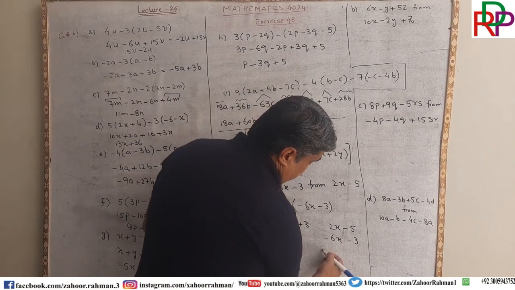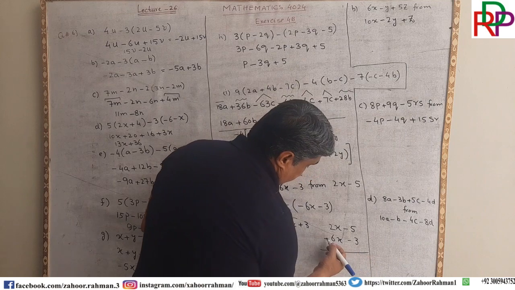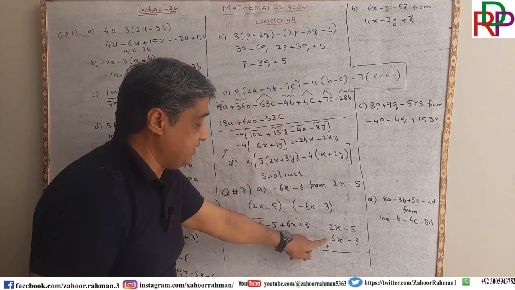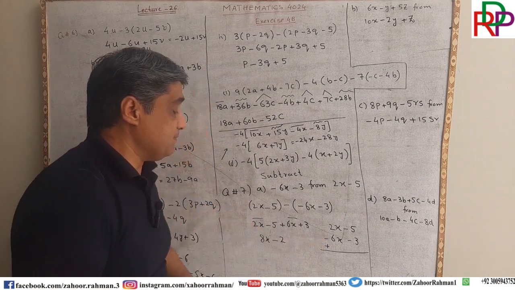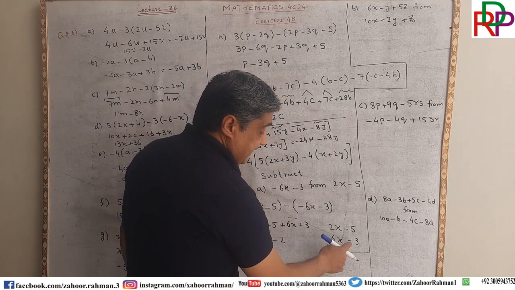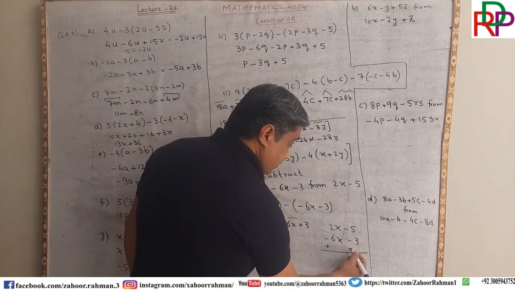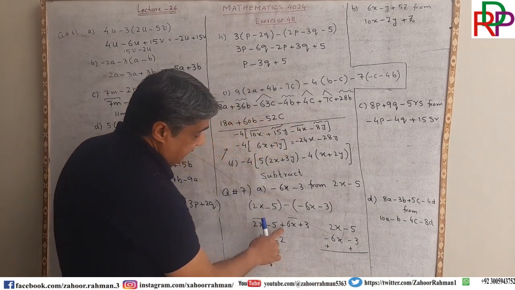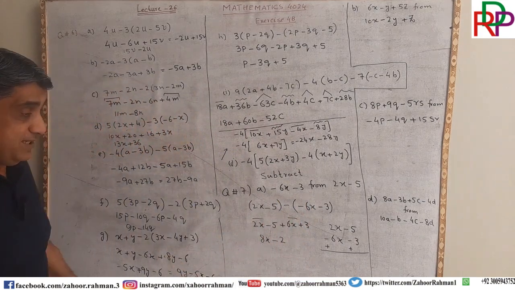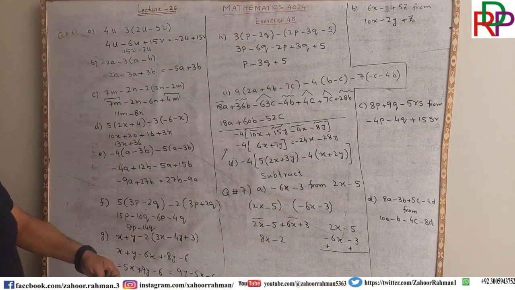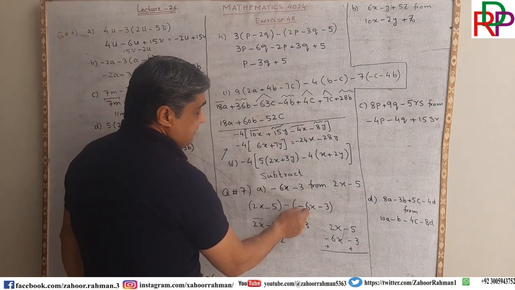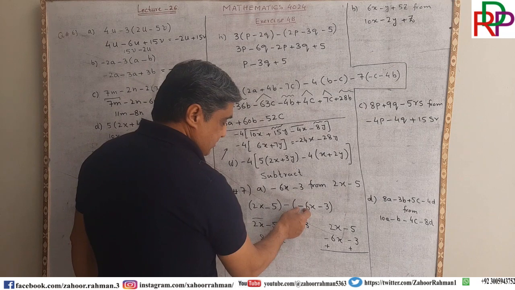Now when you are doing these, you have to change the sign. In case of subtraction, if it is negative, it will become positive. If it was positive, then you had to write negative here. As it is negative, so it will be positive, and that is why I told you the signs are changing here, because you are subtracting it. So the second expression's signs must be changed.